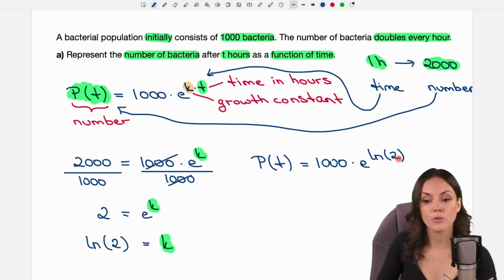This is my growth constant. And then I multiply this by t. We said t has to stay in this function because it is my variable. But this is the function they were looking for in part A.